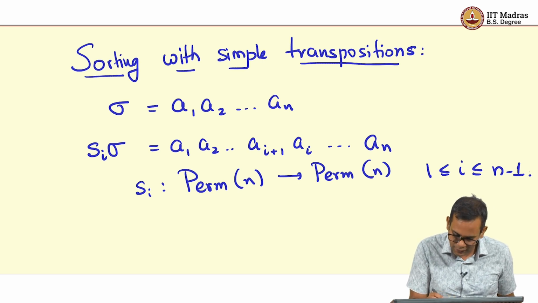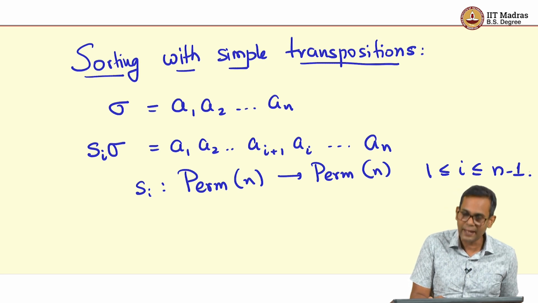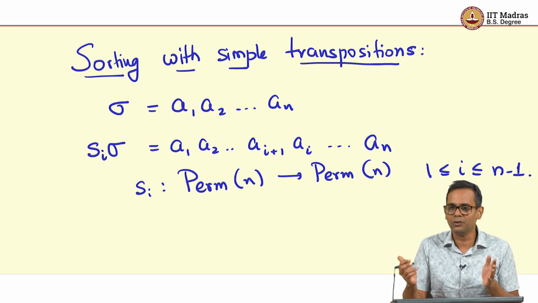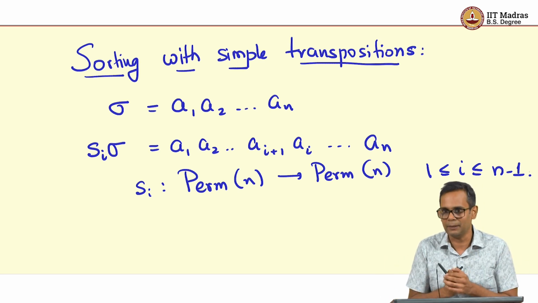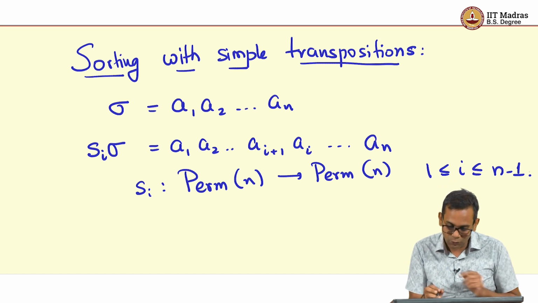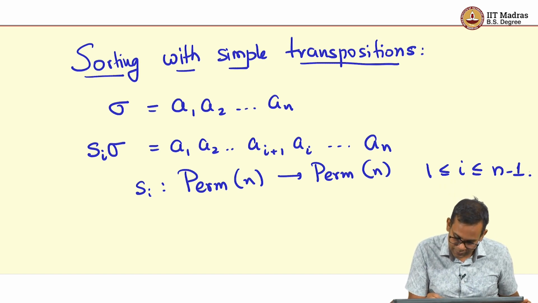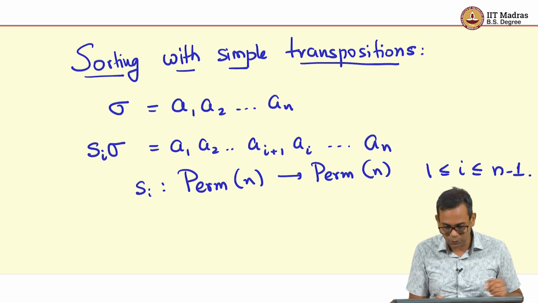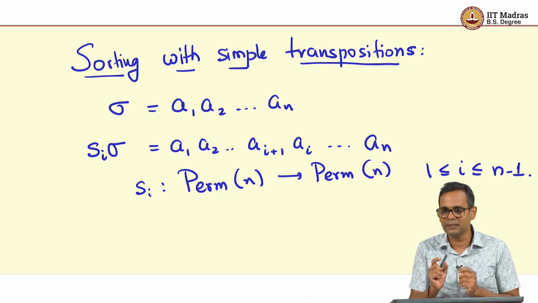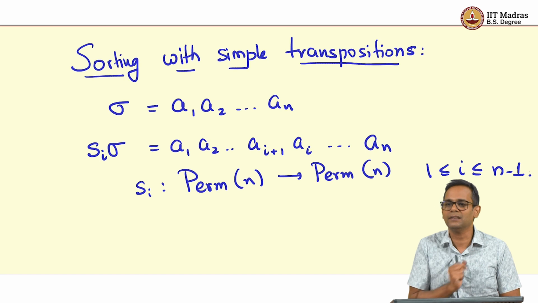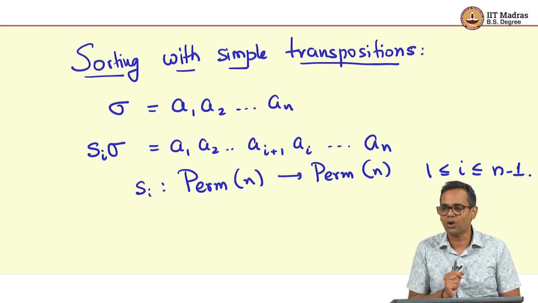So, in a simple transposition you are only changing two things that are next to each other. You might have inversions involving a_i and a_j that are far from each other, i could be much less than j. But here we are only allowing you to swap things that are next to each other. So, it is not clear a priori that by just swapping things that are next to each other you will be able to sort your permutation, right.